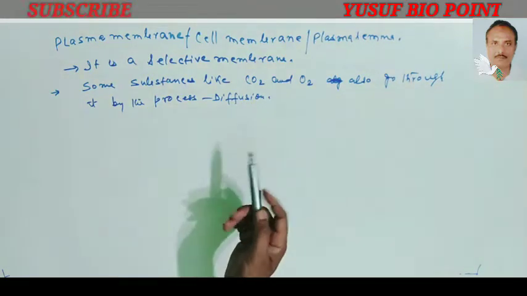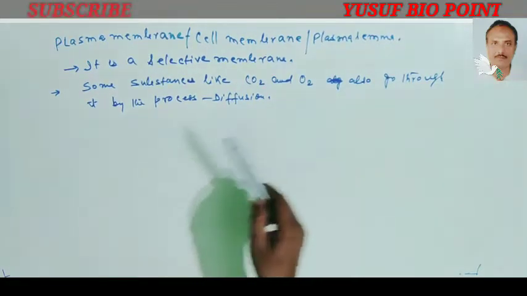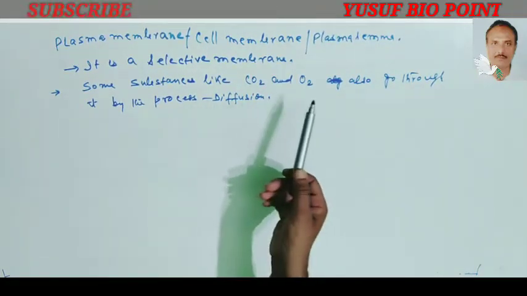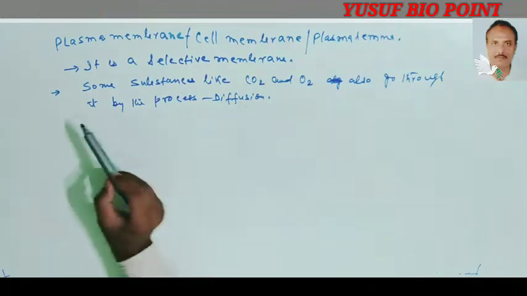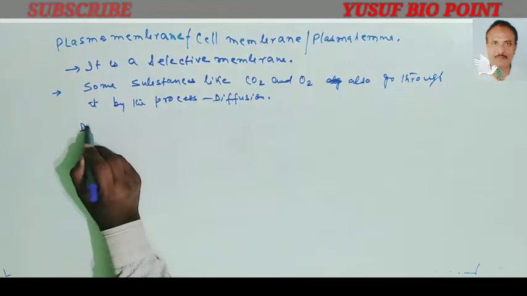Means by means of diffusion the CO2 and O2 also come across the plasmalemma. Now what is diffusion? You should know.